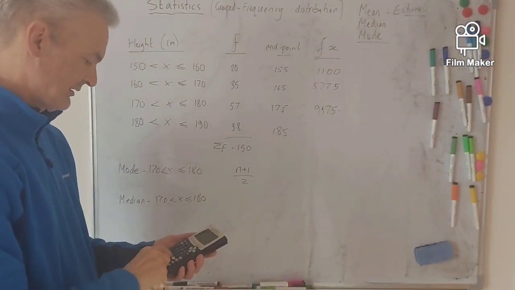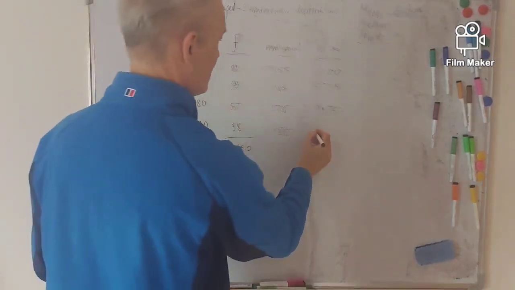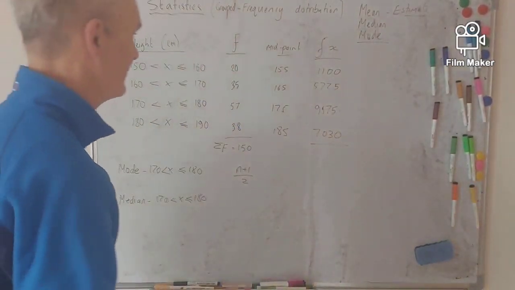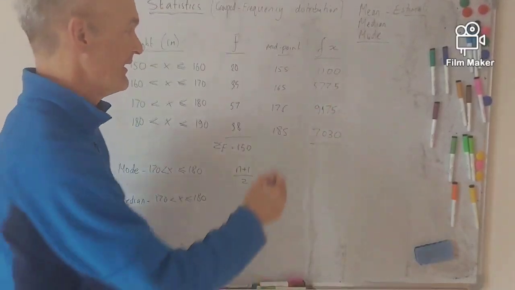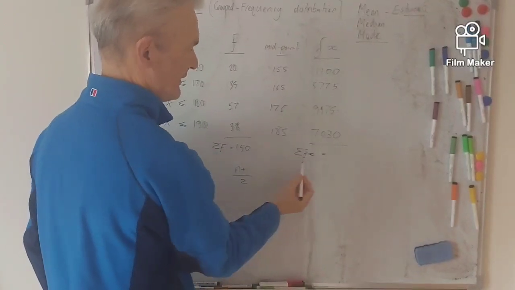Okay, so we're just multiplying these together to get our fx, and then we are going to do sigma fx.